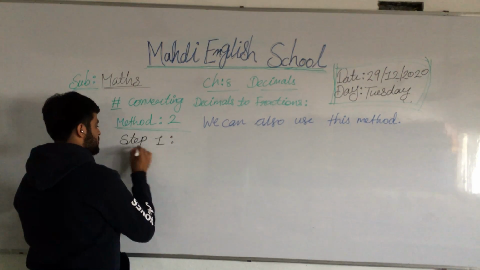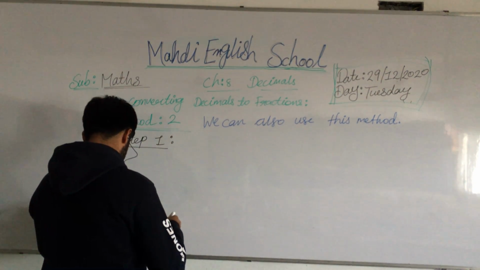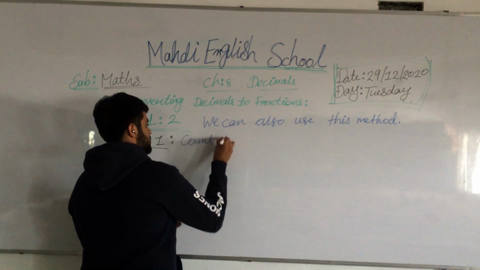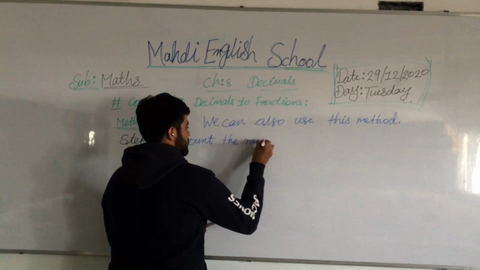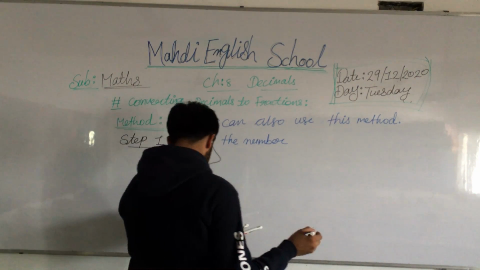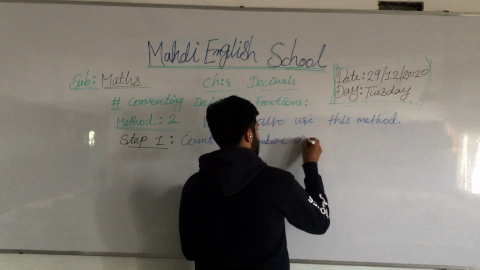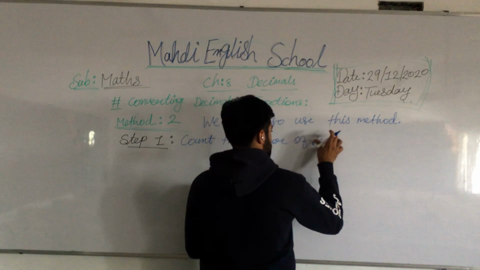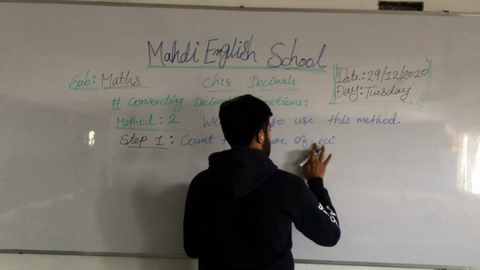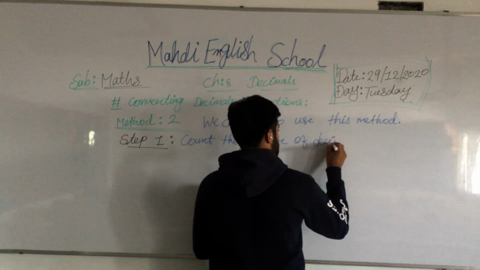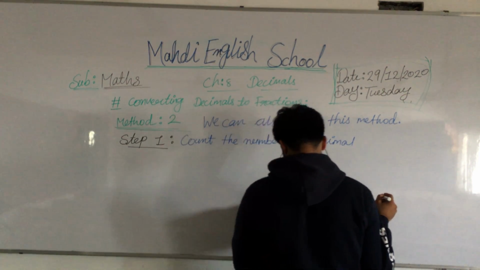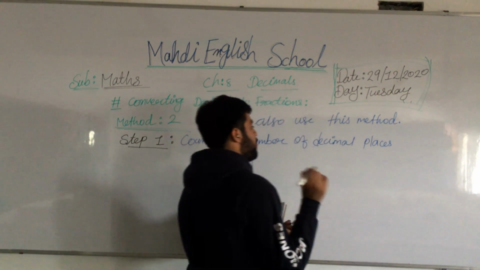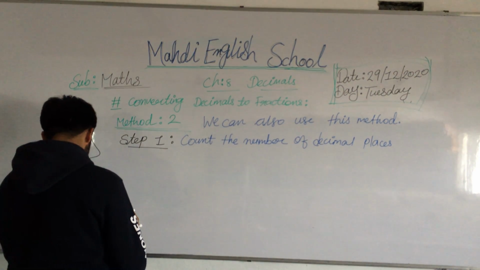Step number 1: count the number of decimal places. Decimal places means what, my dear students? The point. Okay, it's step number 1.